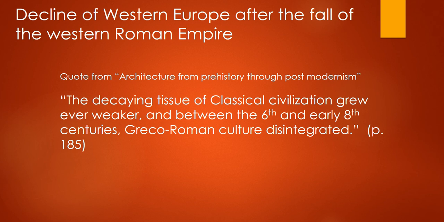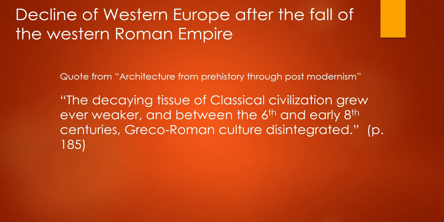In order to understand how the Romanesque developed, we've got to look at the political and social context that drives this form of architecture. The decline of Western Europe occurred after the fall of the Western Roman Empire. It becomes really important to distinguish the Eastern Roman Empire from the Western Roman Empire.